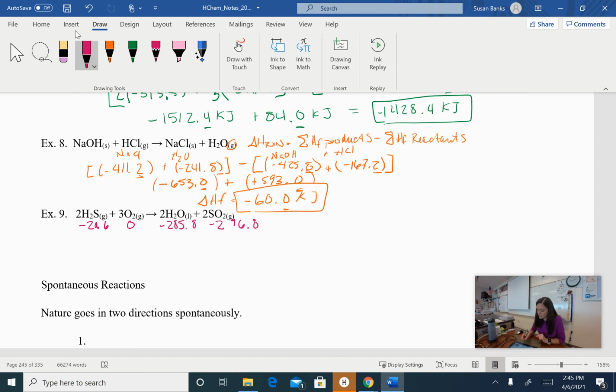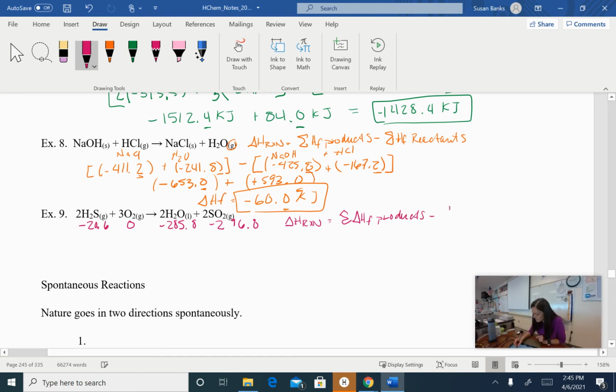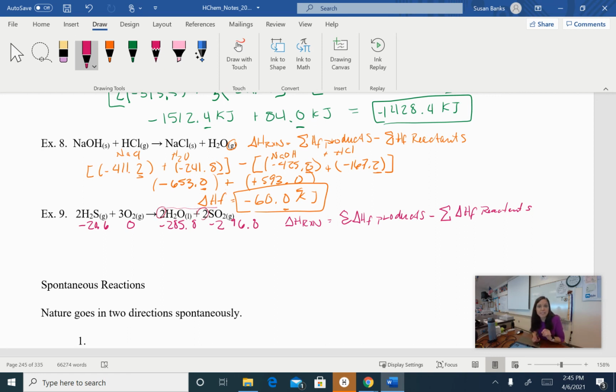Now, we want the heat of the reaction. So that heat of the reaction is the sum of the heat of formation for the products minus the sum of the heat of formation for the reactants. Okay, so we're going to look at these products first. Now notice they both have coefficients of 2 by them. So I'm going to have to multiply them by 2 because I've got 2 of each of them.